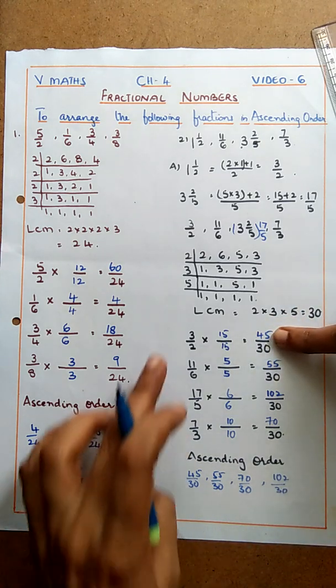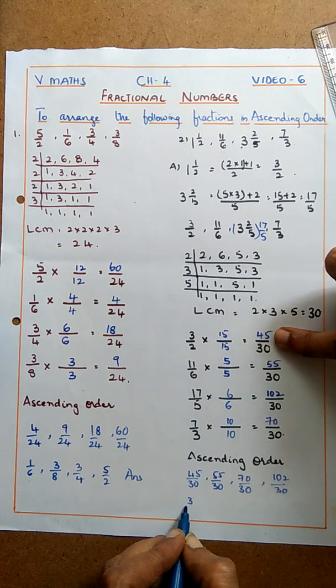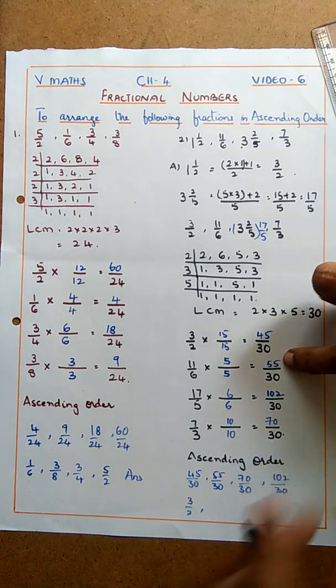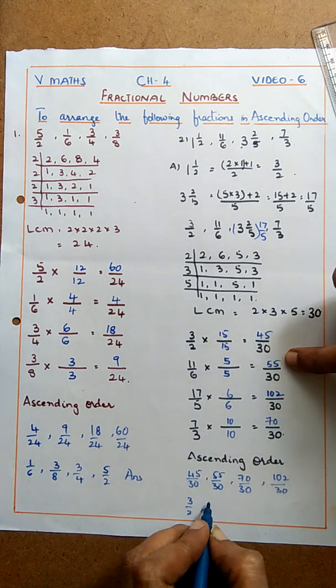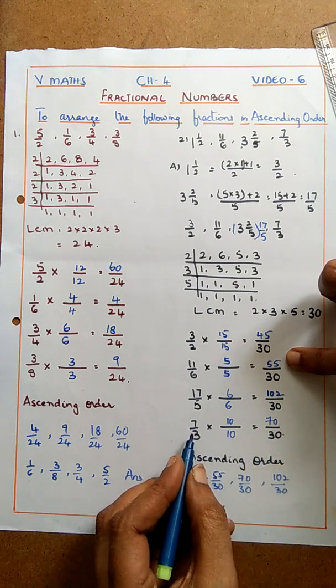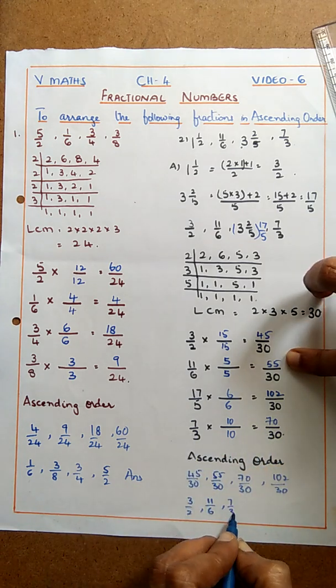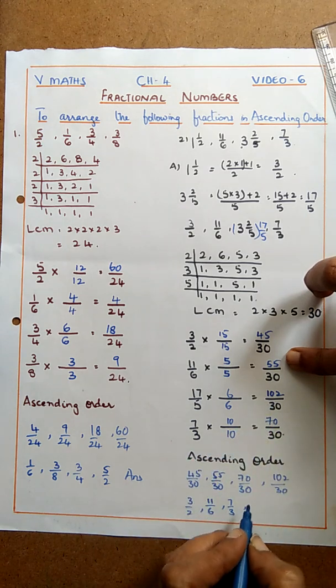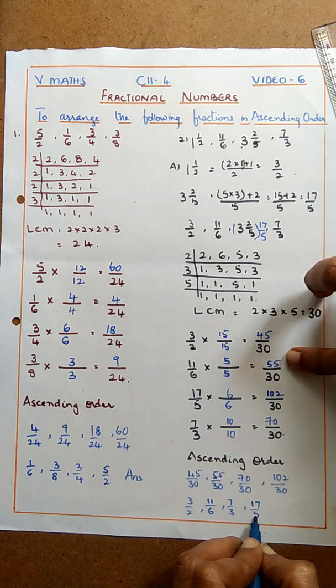So 45 by 30 represents 3 by 2. And 55 by 30 represents 11 by 6. And 70 by 30 represents 7 by 3. And 102 by 30 represents 17 by 5.